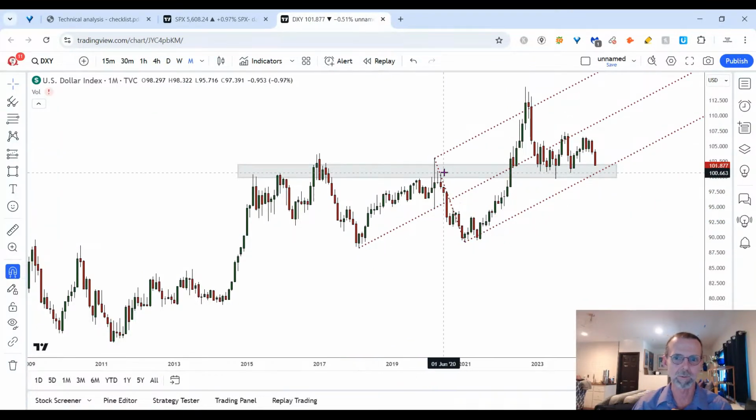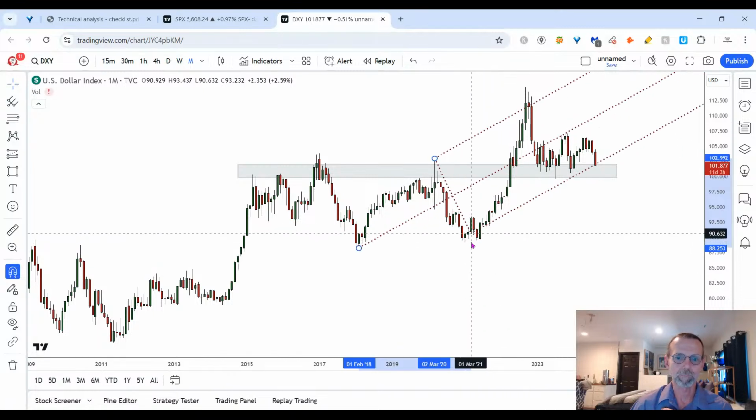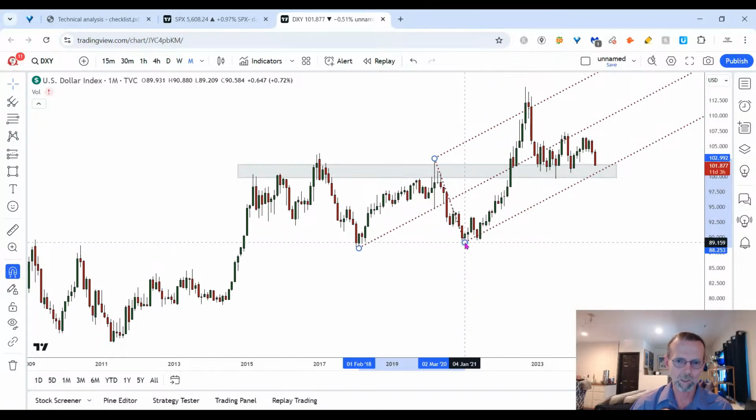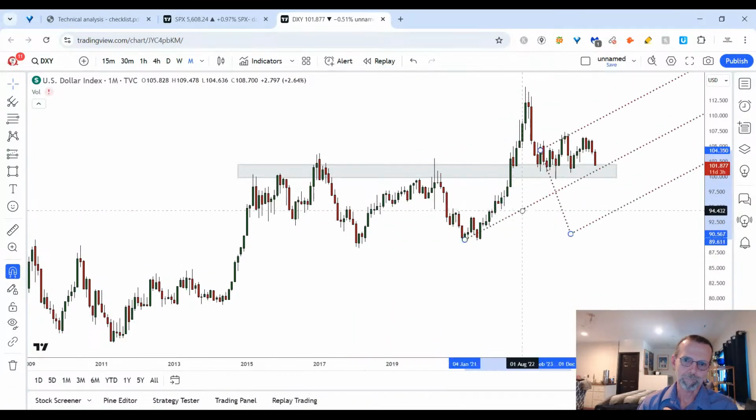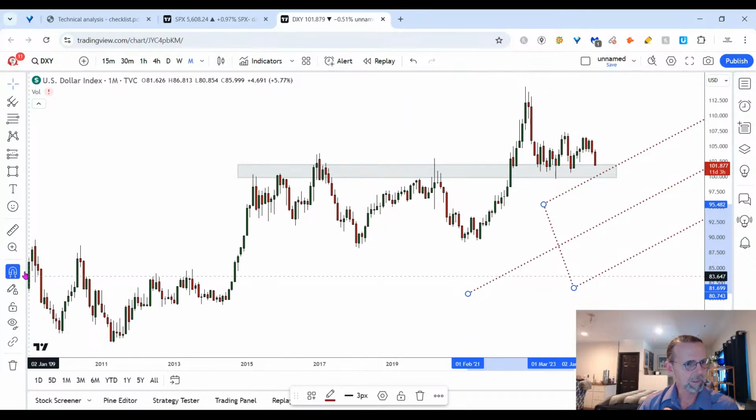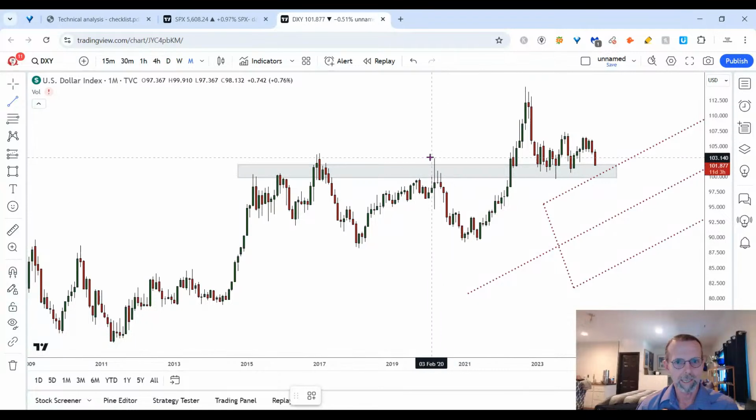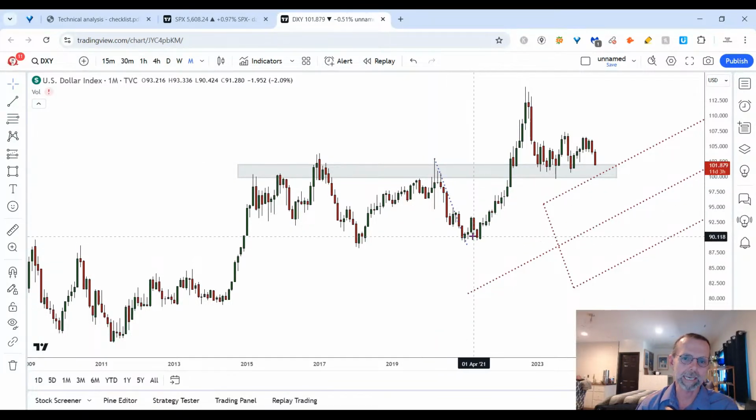So back to Andrews pitchforks. We've got some choices here as to where we might draw this third pivot point for this particular fork. I chose to draw it at this pivot because when I look at this price action, and as I explained before, when I'm thinking about Andrews pitchforks, it's this pullback or counter trend action that catches my eye.